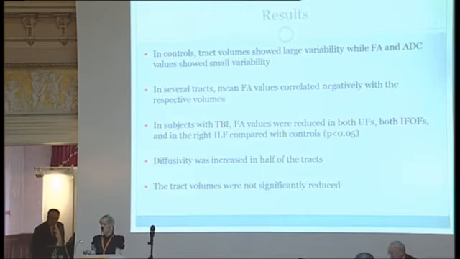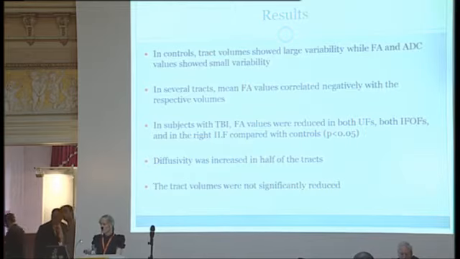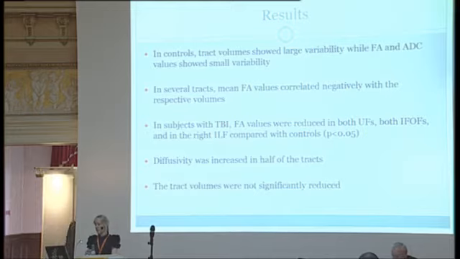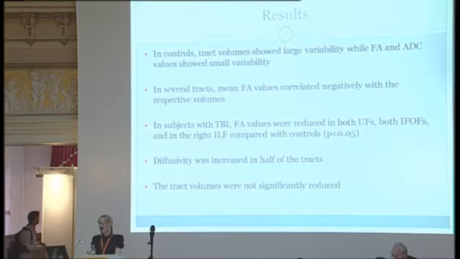We found that in controls, tract volumes showed large variability, while FA and ADC values showed small variability. In several tracts, mean FA values correlated negatively with the respective volumes. And in subjects with traumatic brain injury, FA values were reduced in both uncinate fasciculi, both inferior fronto-occipital fasciculi, and in the right inferior longitudinal fasciculus compared with controls.